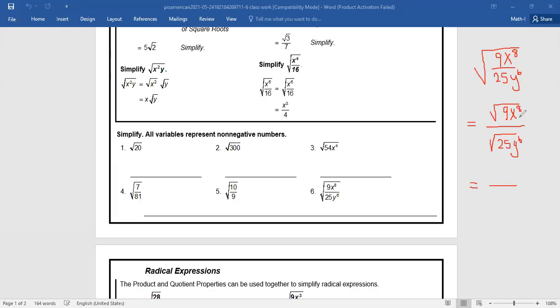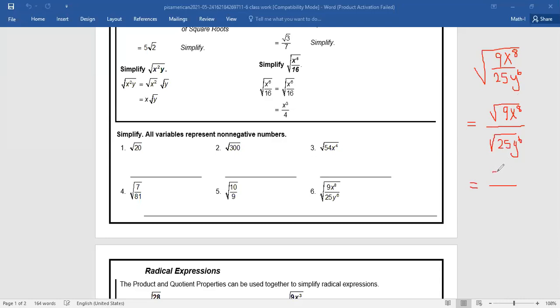Square root of 9x to the power of 8. Adhan, you can answer this question. Okay, Laura. It will be 3x power of 4. Square root of 9, it will be how many? 3.